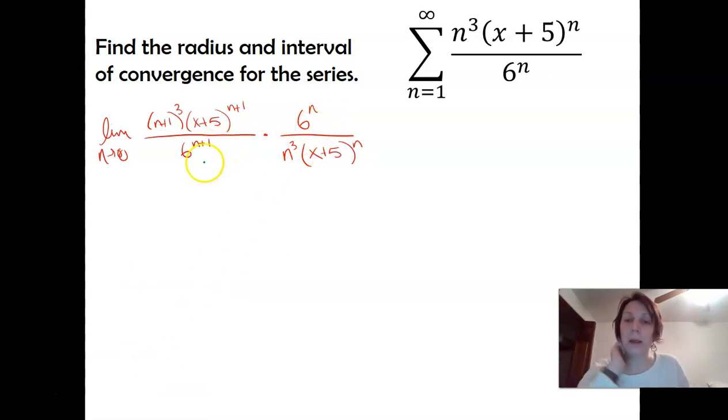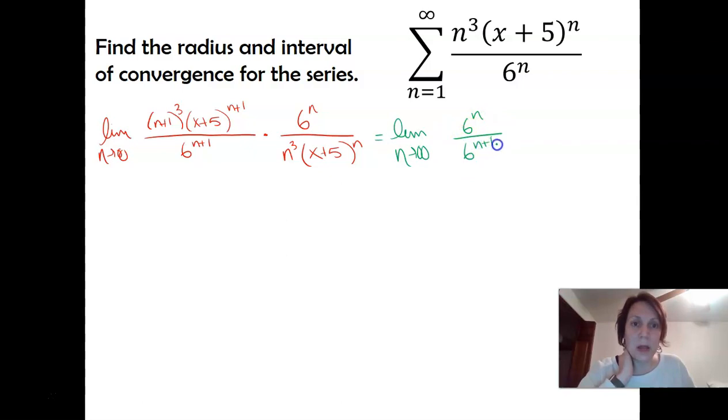Okay, so I can rewrite this in a way that's going to make it a lot easier to simplify. Again, some of you probably don't need to rewrite this because you're really good at visualizing, but I'm not, so I like to write it all out. So I have a 6 to the n and a 6 to the n plus 1 that I know go together.